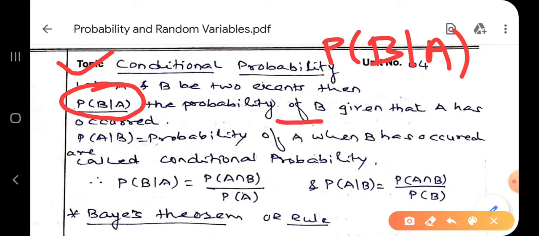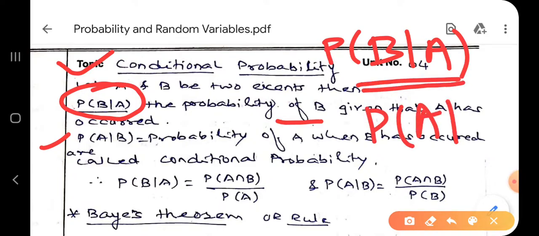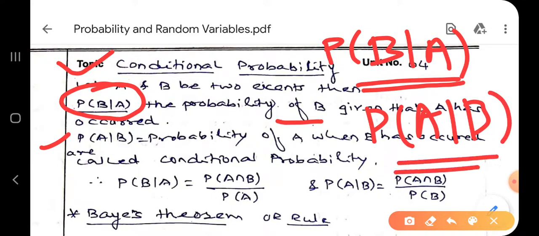Similarly, P of A by B is the probability of A when B has occurred. These two probabilities, P of B by A and P of A by B, are called conditional probabilities.